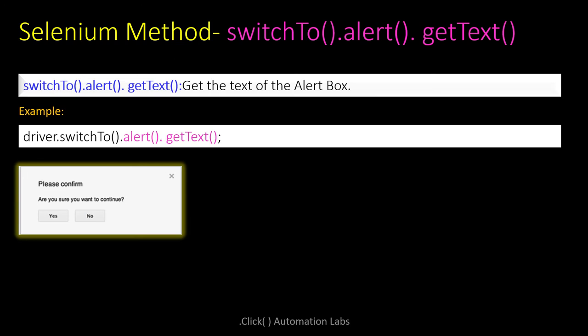Here we are focusing on the get text, meaning are you sure you want to continue? To get and verify this text, we will be using the get text method, right? Once you get it, you can compare it. If this text equals my expected value, then you can say the test case is passed, else the test case is failed. So this is the kind of scenario where we can use it. You can use this to retrieve this particular value.